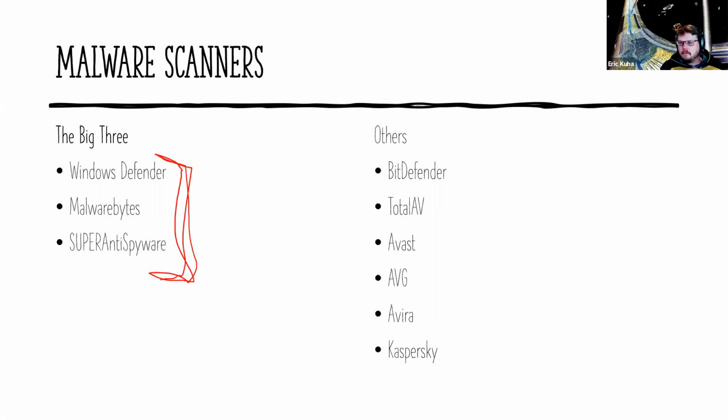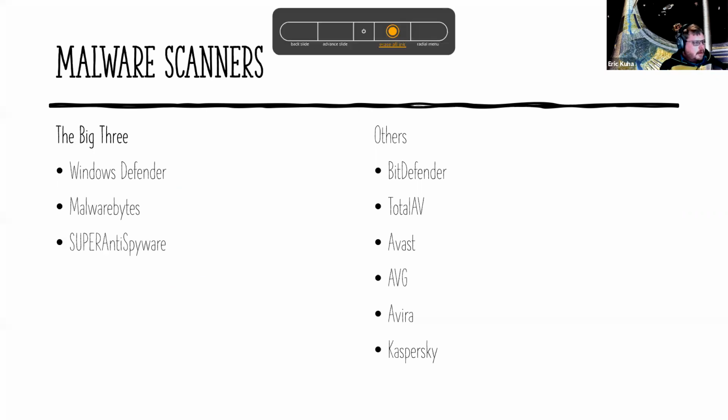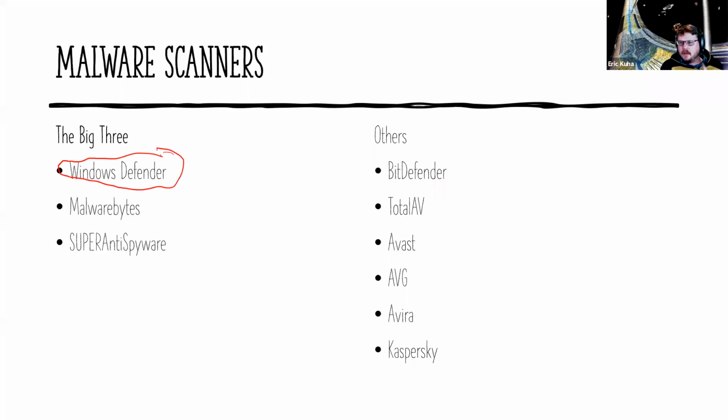So again, this is slightly Windows specific, but these two at least are cross-platform. There's Malwarebytes for Android and Apple as well. But if you're on Windows, make sure you use Windows Defender. It's free, and it actually does a pretty dang good job.